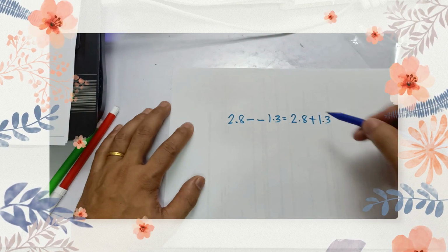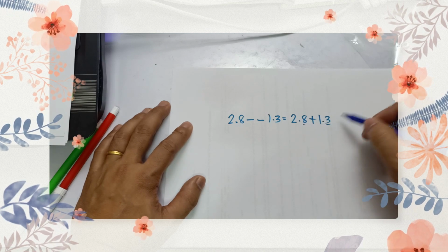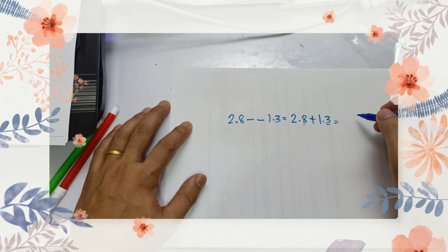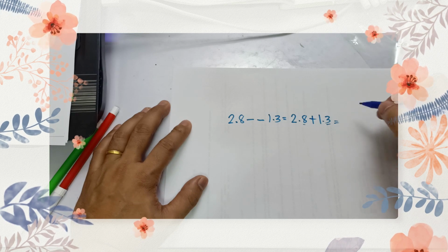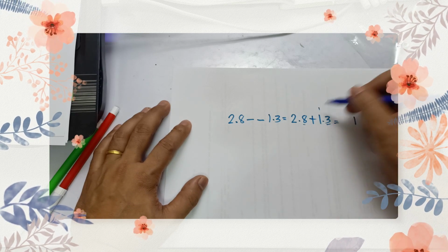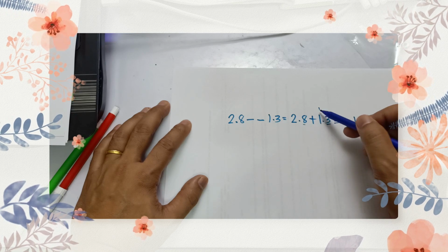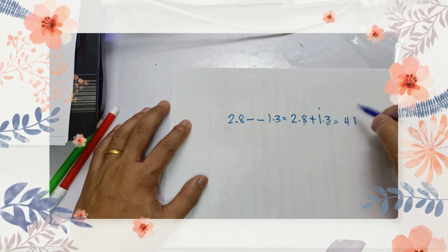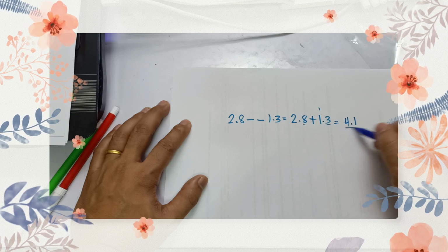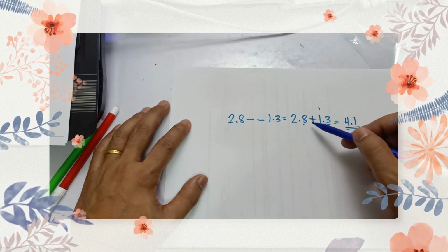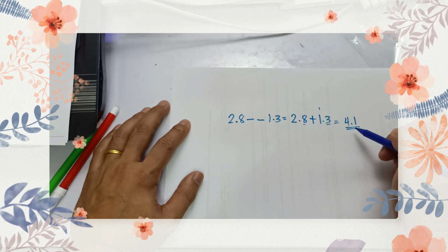What is 0.8 plus 0.3? That is 0.11, so 1 there and then 1 there. So that is 2 plus 1, 3 plus 1 is 4.1. So when you add 2.8 plus 1.3, the answer is 4.1.